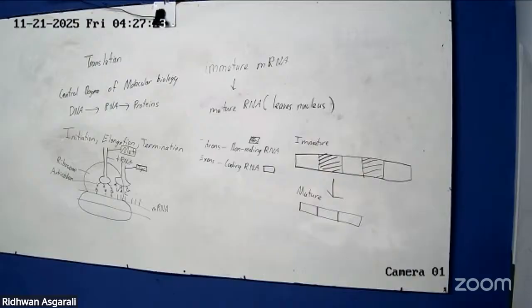Peptide bonds form between amino acids to form a polypeptide chain. Full stop.